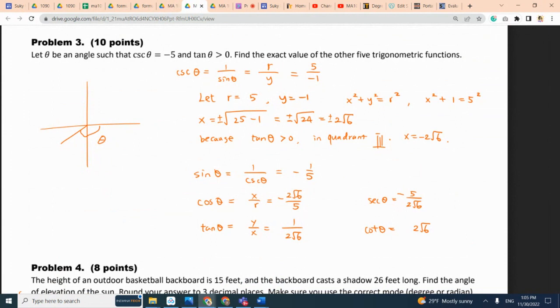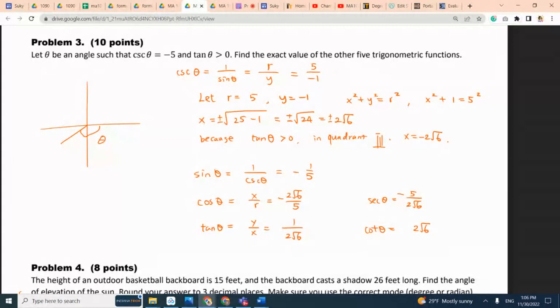And then we plug in the Pythagorean theorem, right? We can find the x is plus or minus square root of 24. But because tangent is positive and cosecant is negative. So tangent is positive on 3. Oops. Cosecant is like sine. It's positive on quadrant, what?